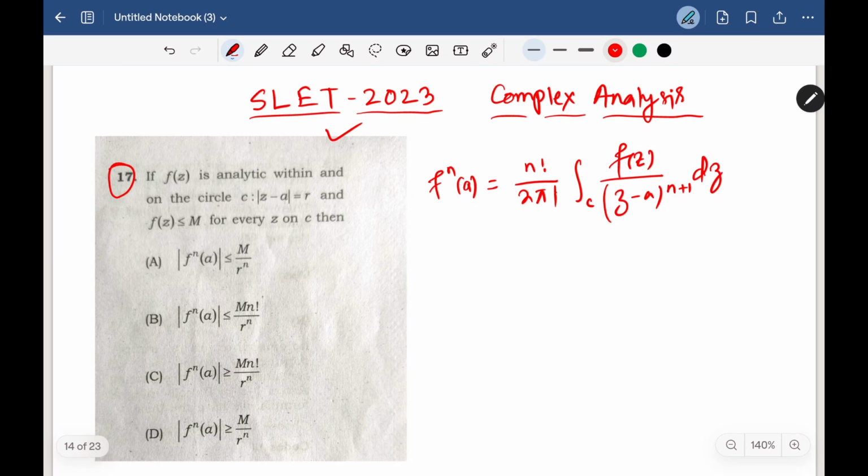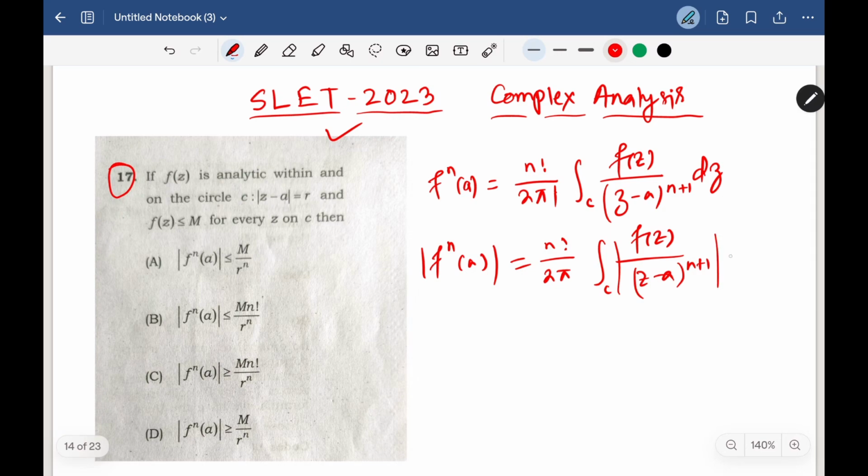Now we have to find |f^n(a)|, so take the modulus on both sides. So this will be n! divided by 2π, the integral around C of |f(z)| divided by |z - a| to the power of n+1, |dz|.